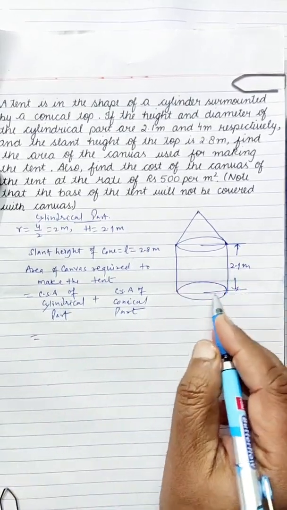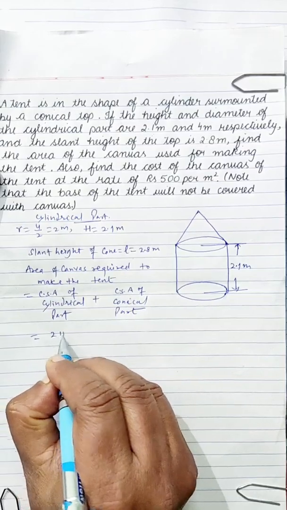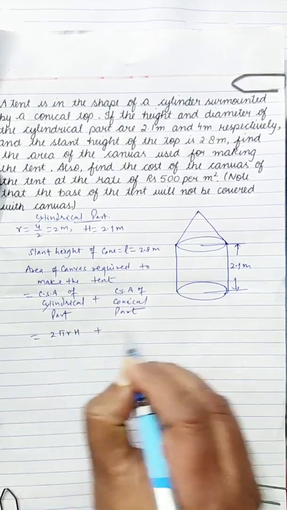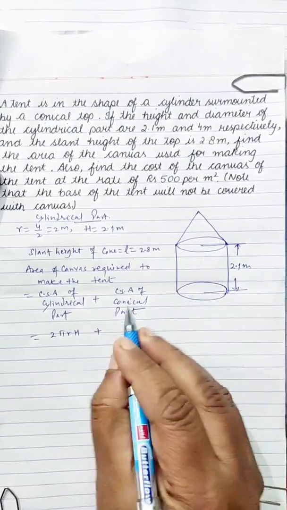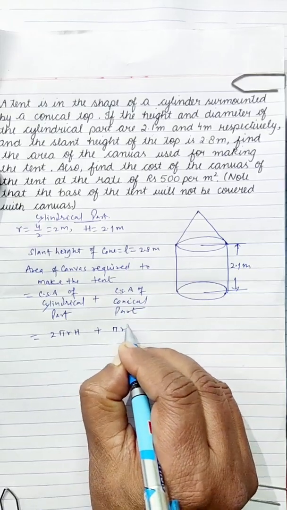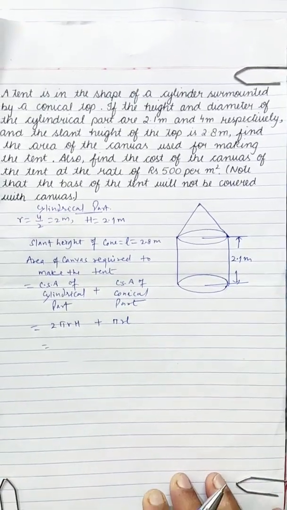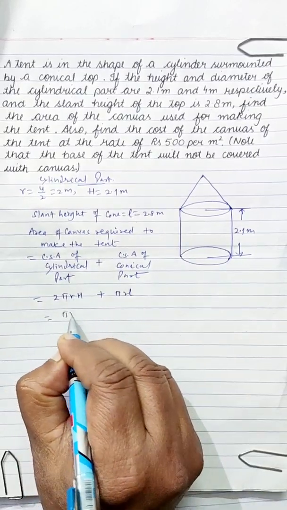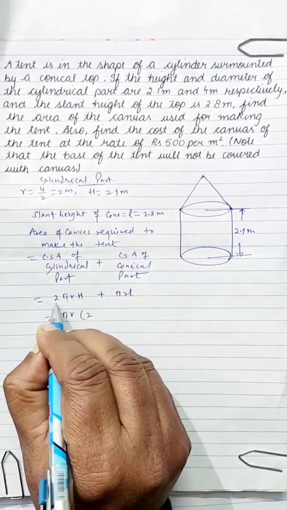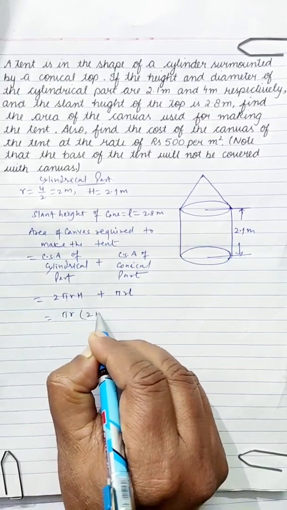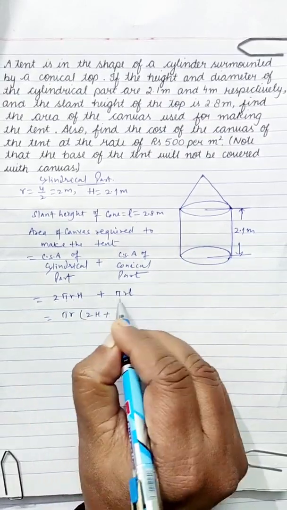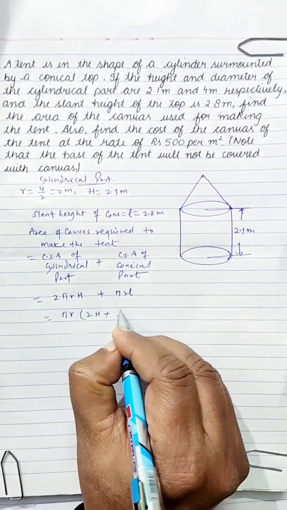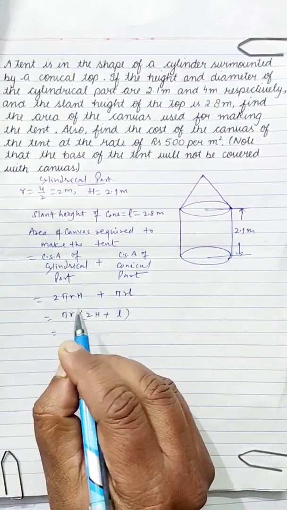CSA of cylindrical part 2 pi r capital H and CSA of conical part is pi r L. Here pi r common. So from the first term 2 is left, H is left. Pi common, r common, what is left? L. Put the values.